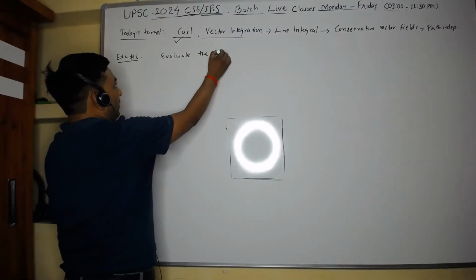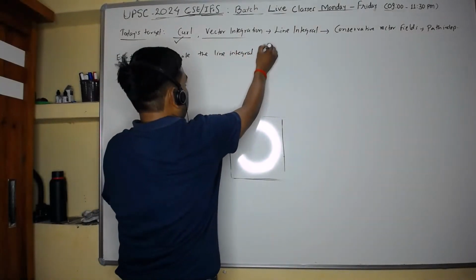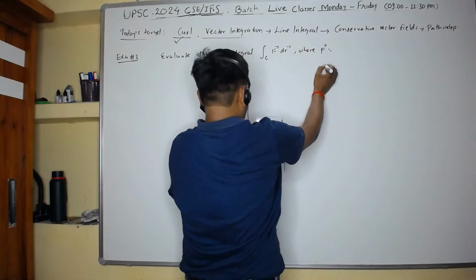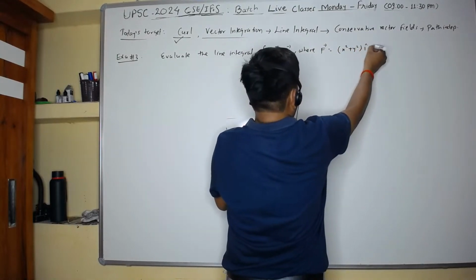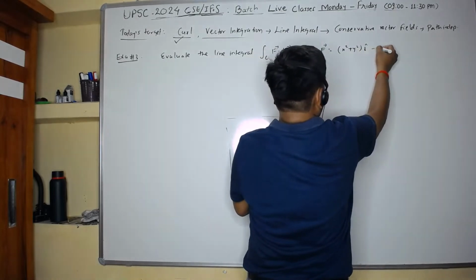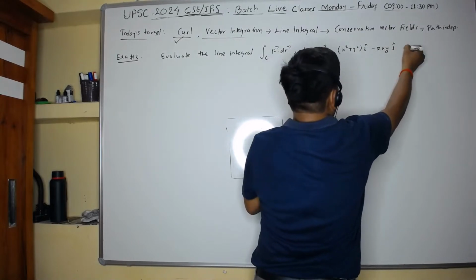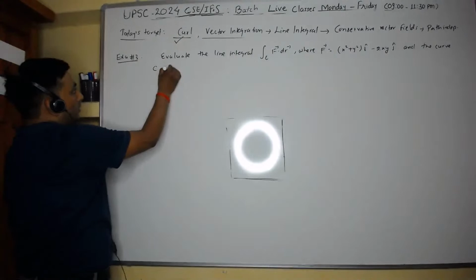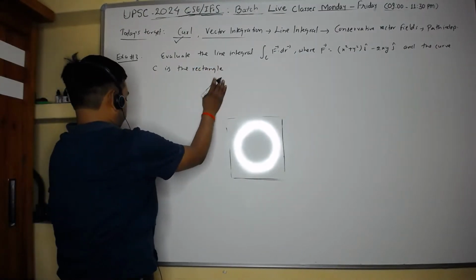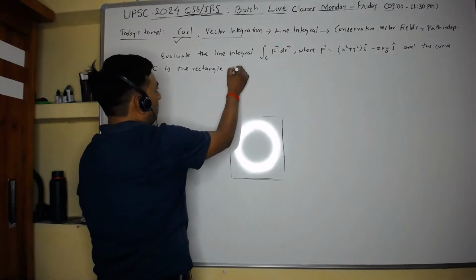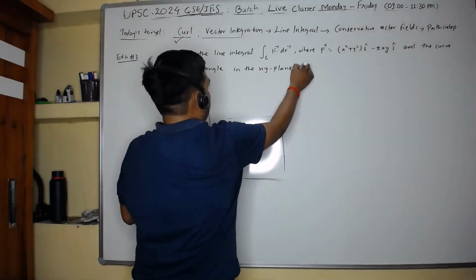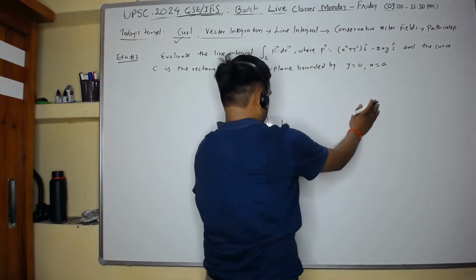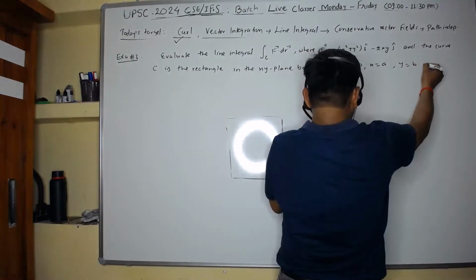Evaluate the line integral integration over C of f vector dot dr vector, where f vector equals (x square plus y square) i cap minus 2xy j cap, and the curve C is the rectangle in the xy plane bounded by y equals 0, x equals a, y equals b.